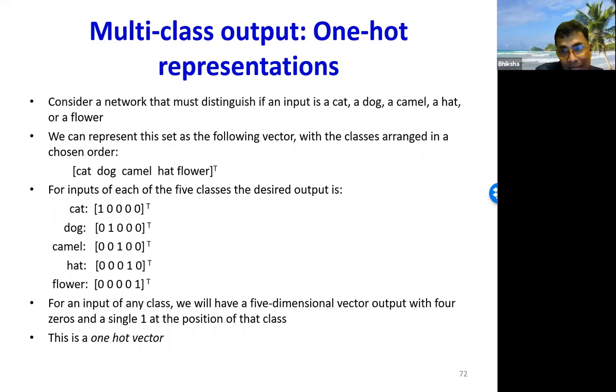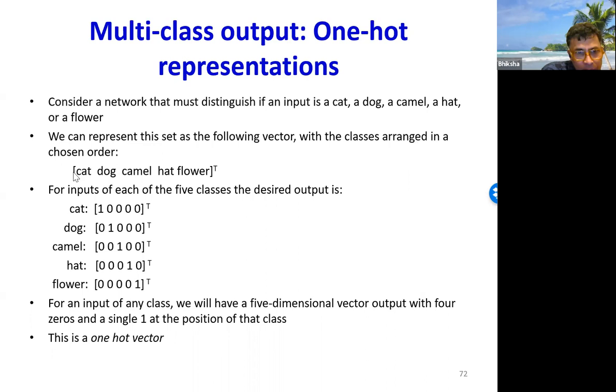If you have multi-class outputs, for networks that perform multi-class classification, that classify inputs into more than one class, for example, a network that must distinguish if an input is a cat, a dog, a camel, a hat, or a flower, then we need a slightly more complex representation of the output. So if there are n classes, we are first going to construct an n-component vector where each of the components represents one of the classes.